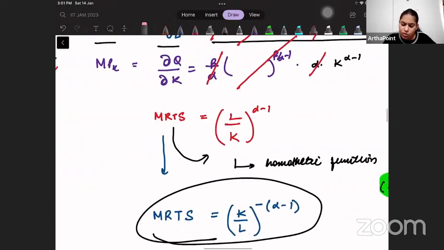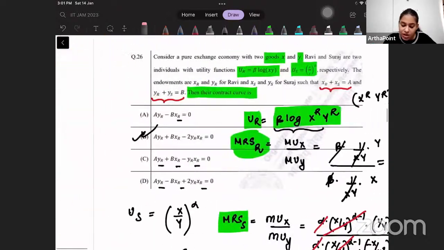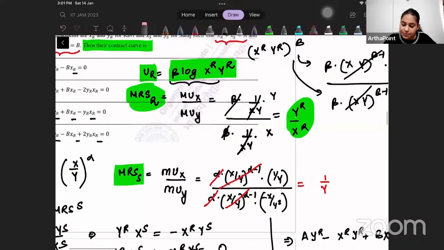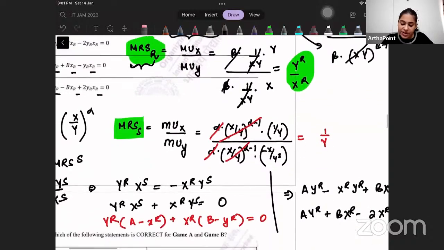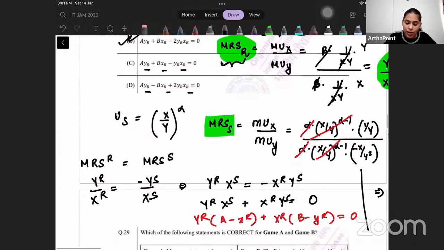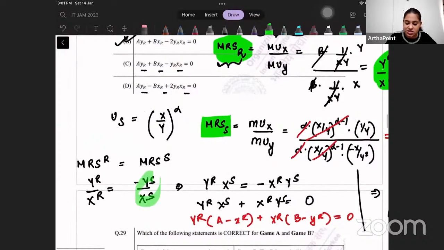If you quickly glance through it, you will see that the MRS of individual R is a function of y by R, and the MRS of individual S is also y by S only.